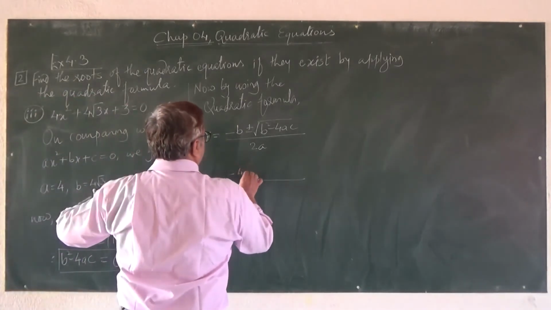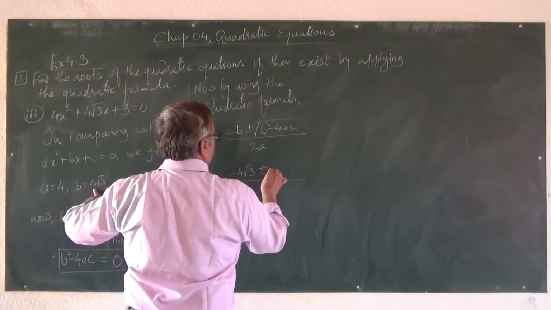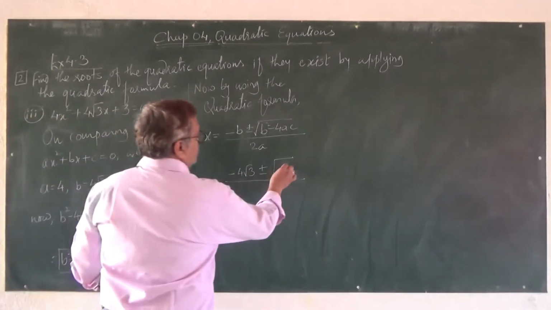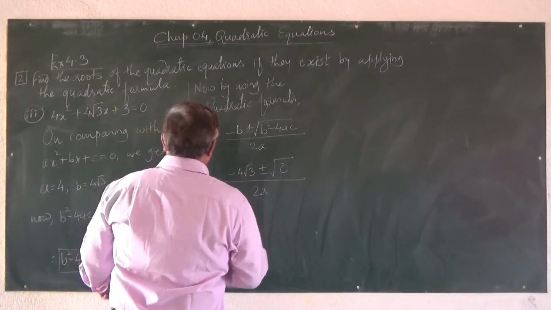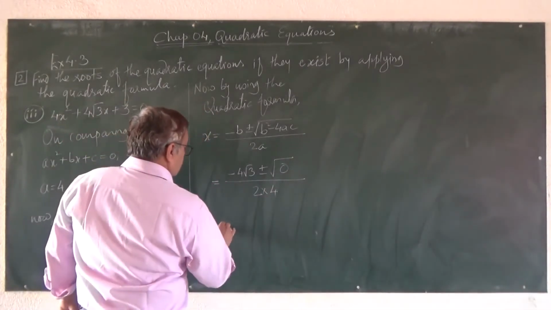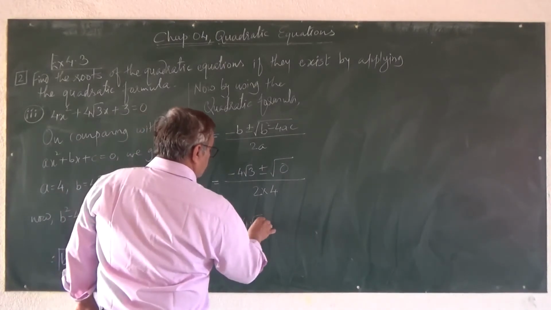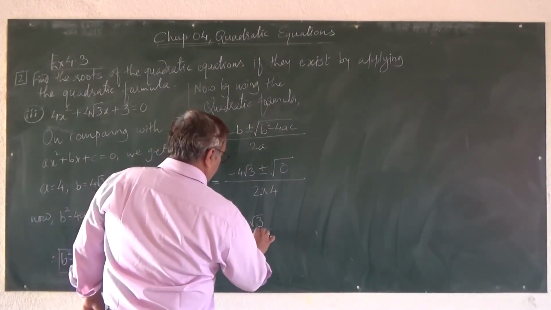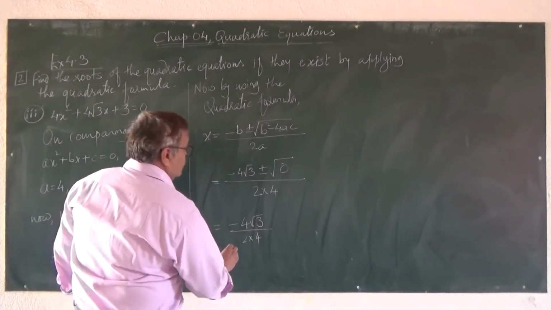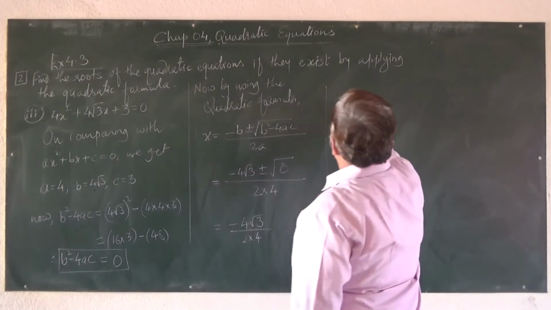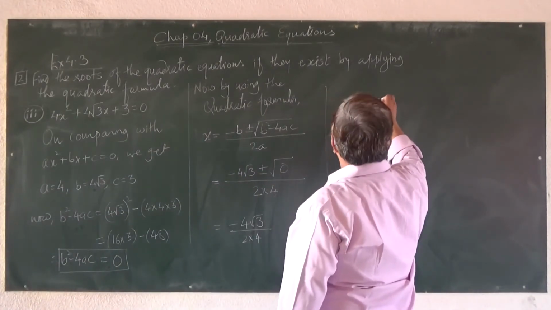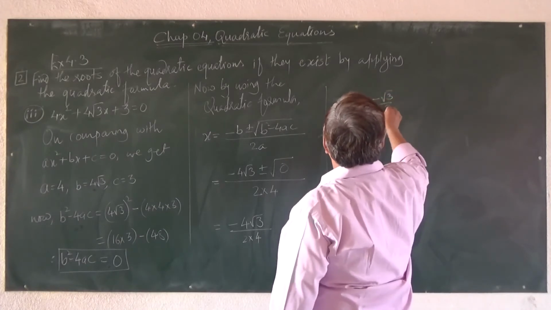So minus 4 root 3 plus or minus what is the value of b square minus 4ac? 0, upon 2 multiplied by a is 4. Okay, so this is minus 4 root 3 upon 2 multiplied by 4. So 4 cancels. So therefore x is equal to minus root 3 by 2.